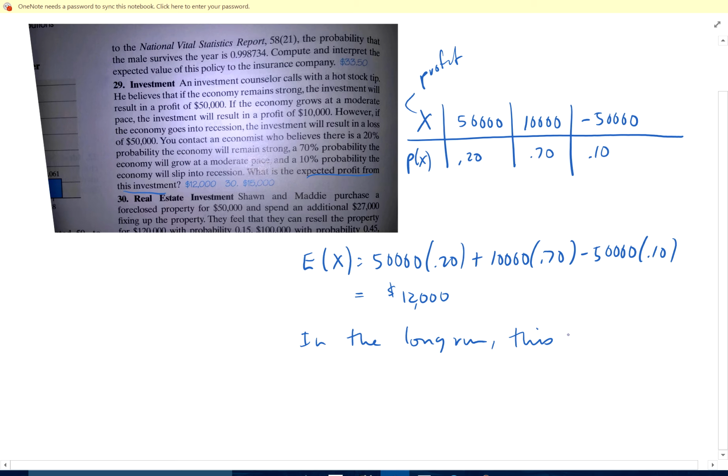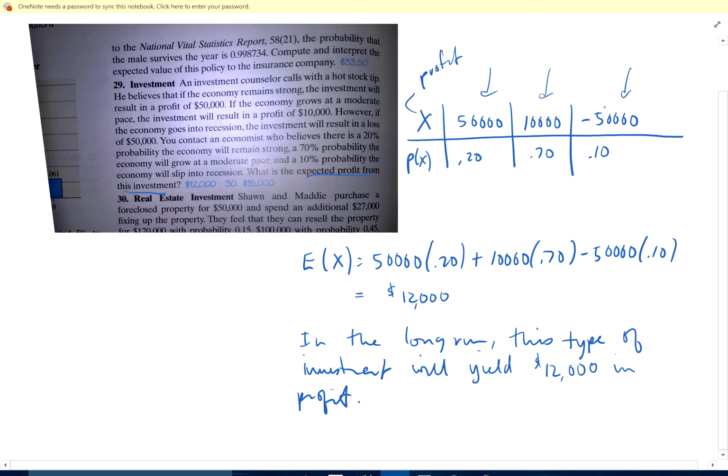So this type of investment will yield $12,000 in profit. So sometimes you lose big, sometimes you win big, sometimes you win in the middle, but on average, it's going to be $12,000 if this happened over and over and over again.